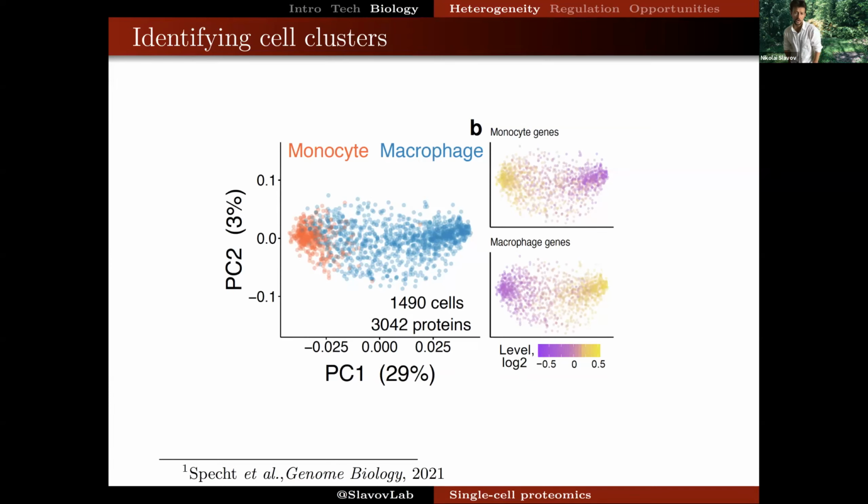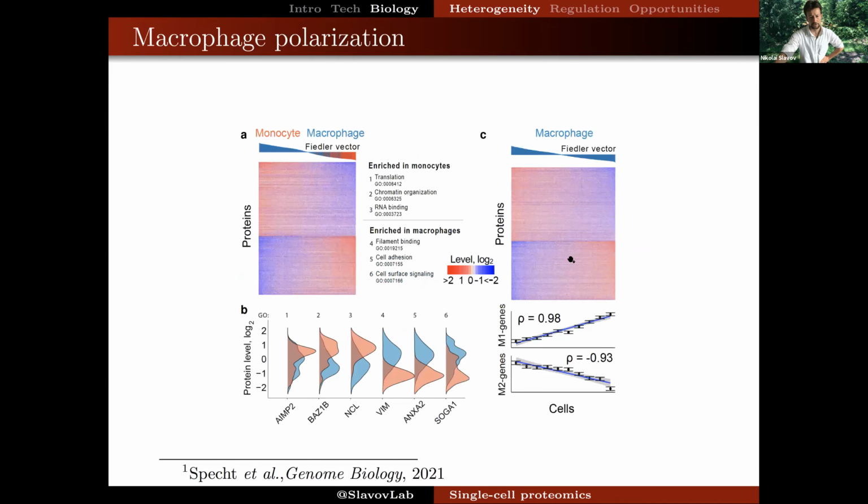And then we can color code each cell based on its identity, knowing whether it's monocyte or macrophage. And we see that the clusters correspond to the cell types, not surprisingly. Again, that's a low bar validation. And similarly, we can color code cells based on marker proteins. And again, we can recover the ability to identify the cell clusters.